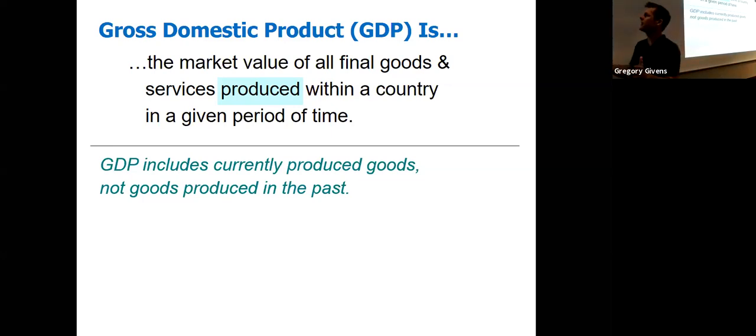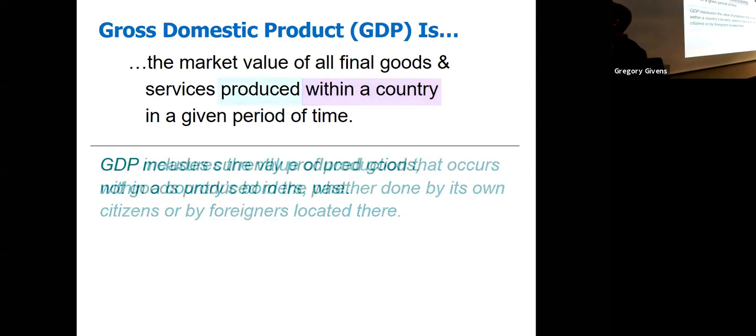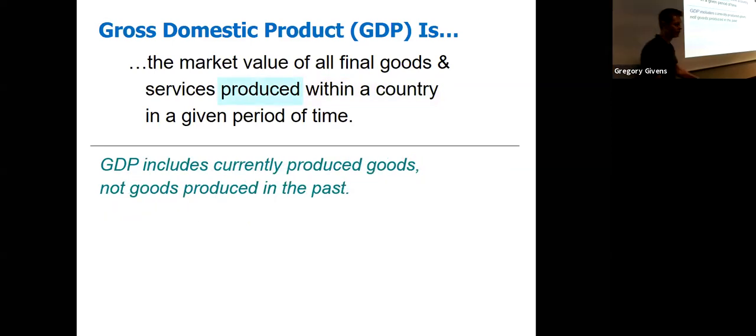Now, I'm emphasizing the word produced to draw a distinction here between goods and services that are currently produced versus goods that were produced at some point in the past, okay? And so GDP includes all new products and services. It's not going to include, as an implication then, any items that are used or were previously sold to an end user, right?